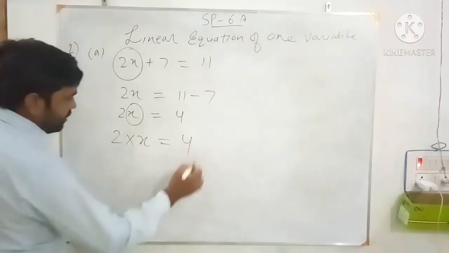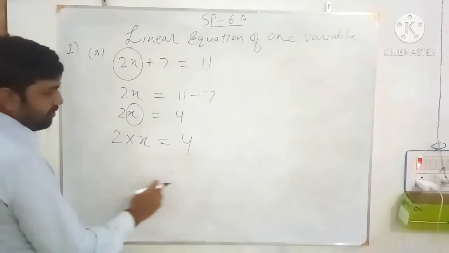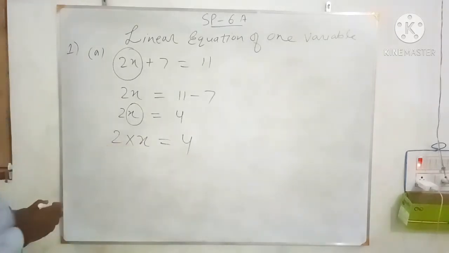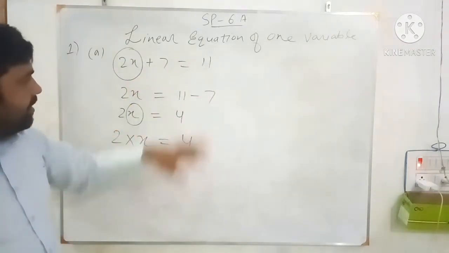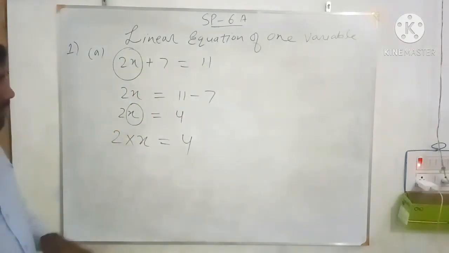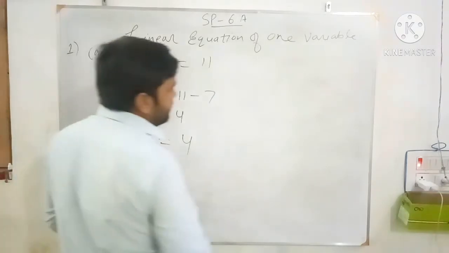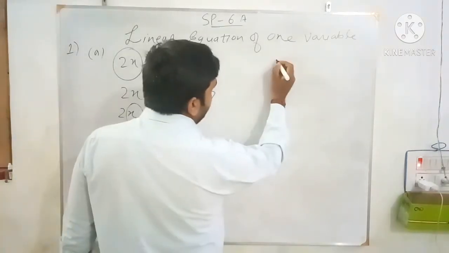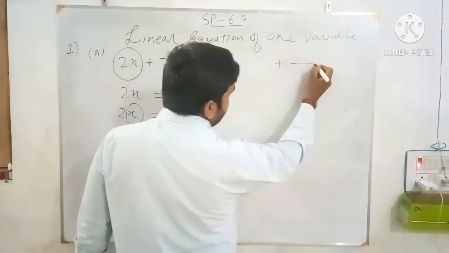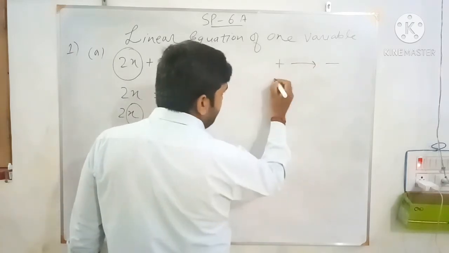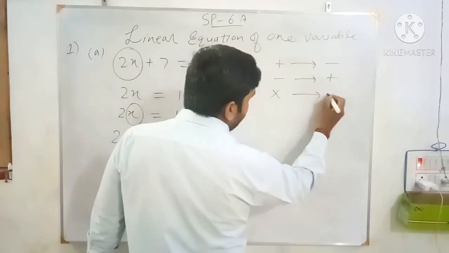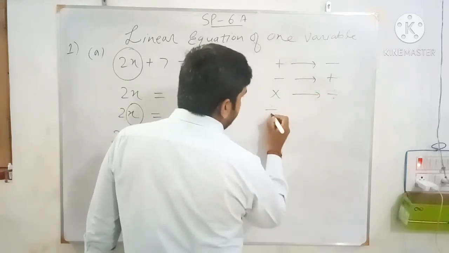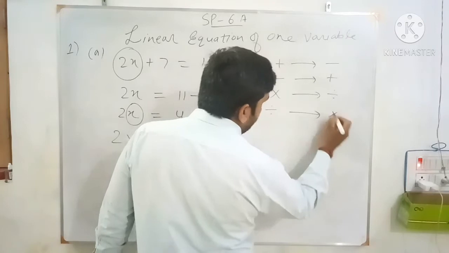Now when you transpose this 2, which is multiplied, from left to right, its sign will change. So multiplication will become division, plus will become minus, minus will become plus, and divide will become multiply. Whenever we transpose a term from the left hand side to the right hand side, plus changes into minus, minus changes into plus, multiply changes into divide, and divide changes into multiply.